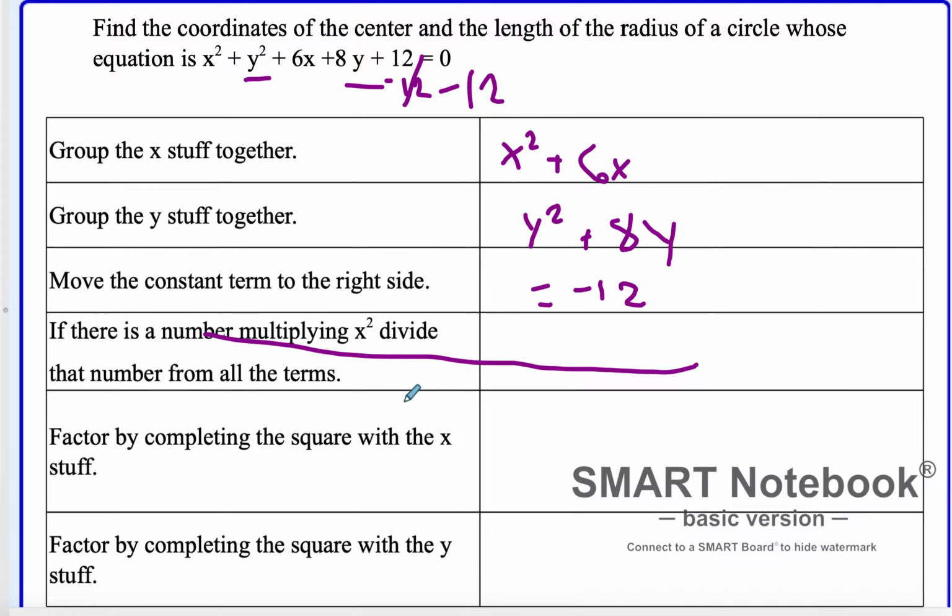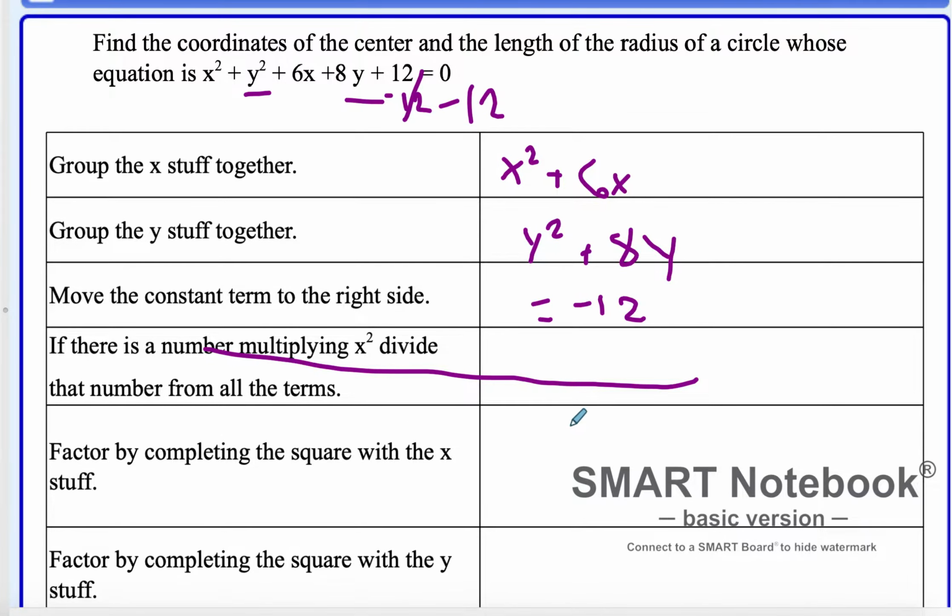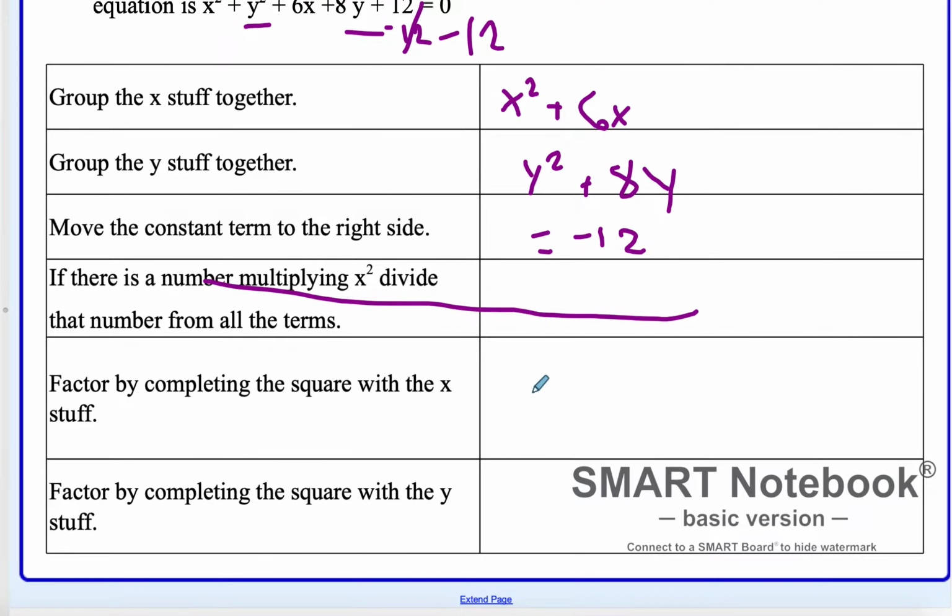Now we want to factor by completing the square with the x stuff. Our x stuff is x squared plus 6x. Completing the square, if you remember from last night's homework, you need to find a new c value. So how do you find that c value?